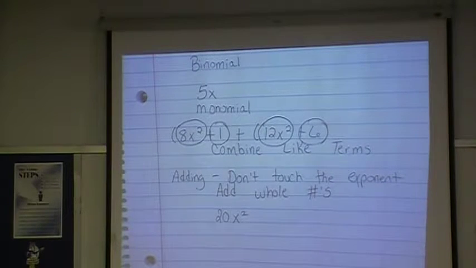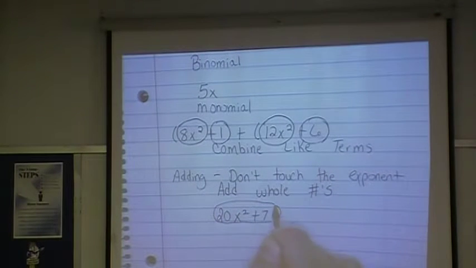It's just numbers. 1 plus 6 is 7. And when you're adding and also when you're subtracting, you're not going to have one little number in. Okay? Does everybody see that? Adding is easy. Because all you're doing with adding is combining like terms.